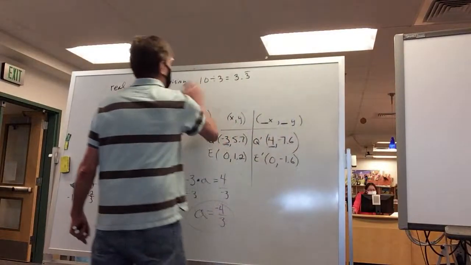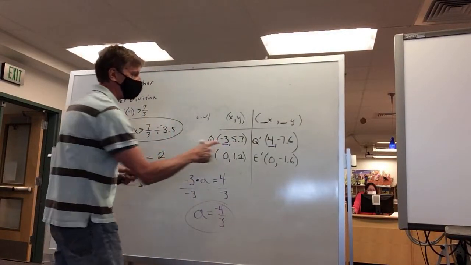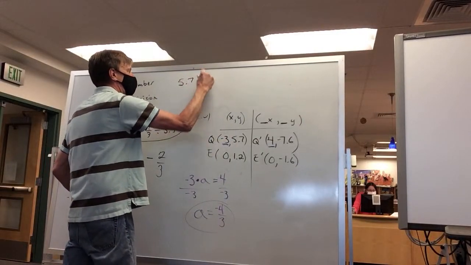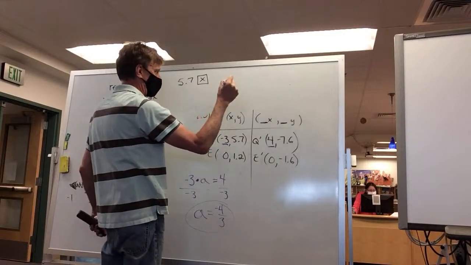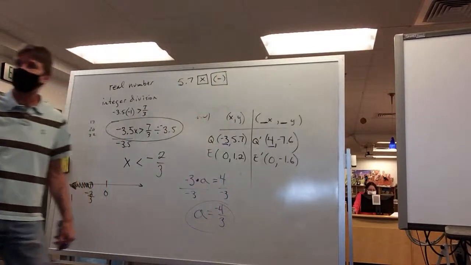Here, I'll write a key sequence up on the board for you. If we want to take 5.7, enter that, and then times, and then you need to use the negative in parentheses.